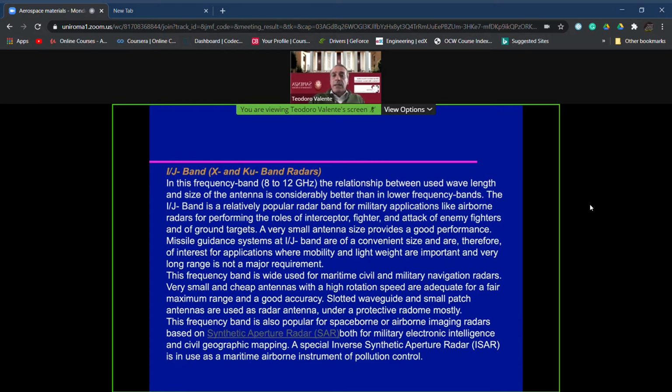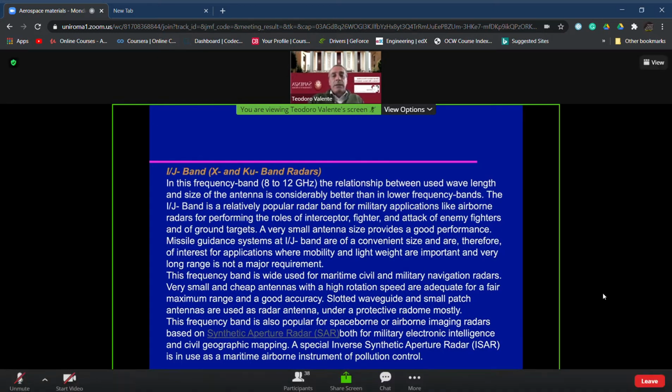Also in this case, the antenna size is quite small and provides good performance, and it is used for guidance systems, again for systems which are not civil applications.